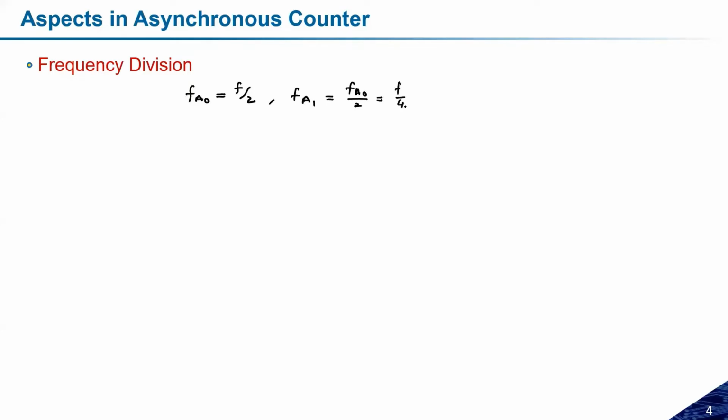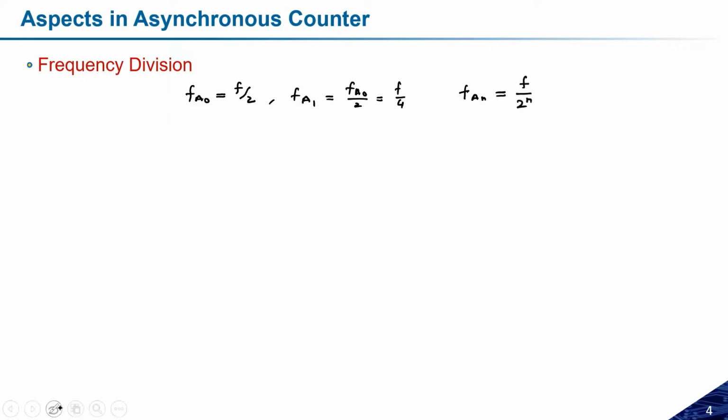In general, suppose I have n flip-flops. In that case, FAn is the frequency divided by 2 to the power n.